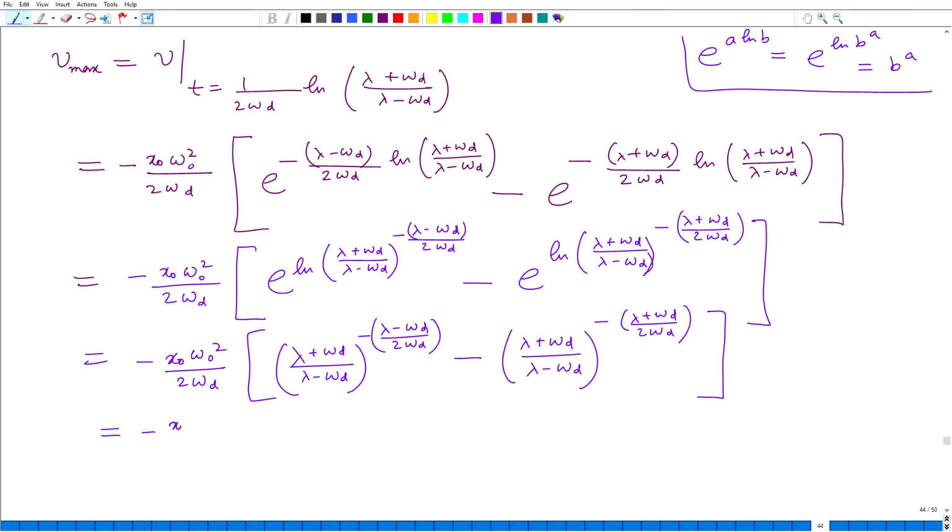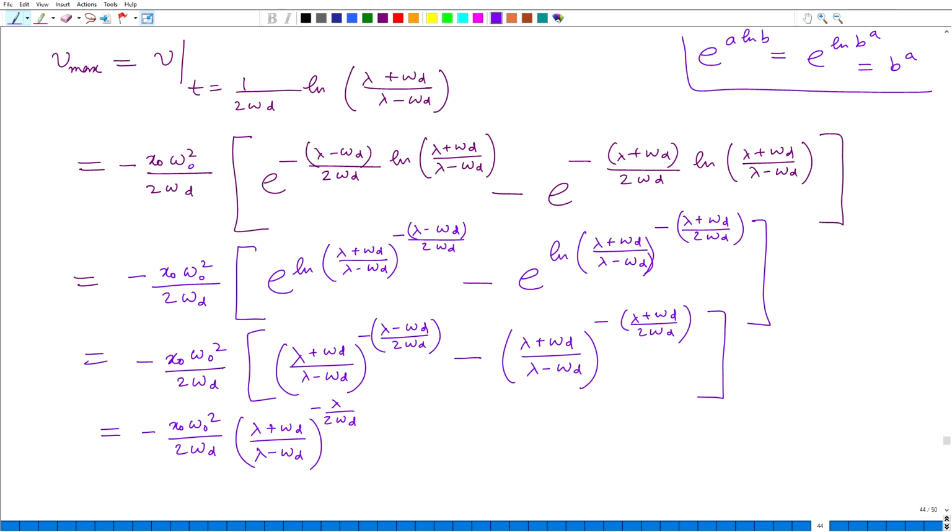So, minus x 0 omega 0 square by 2 omega d, you can actually take this thing like, so I can actually say that you can take one thing common over here. So, that is lambda plus omega d by lambda minus omega d, okay, minus lambda to the power 2 omega d.